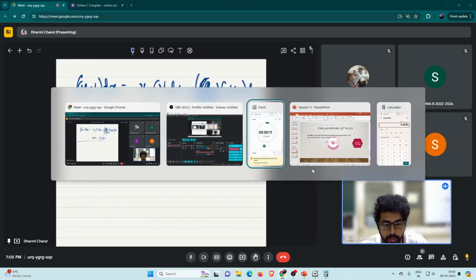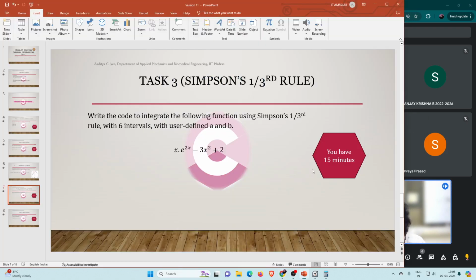So what function do we have? We have a slightly long function, that is f of x equals x e power 2x minus 3x square plus 2. So you also have rules for choosing v and u.